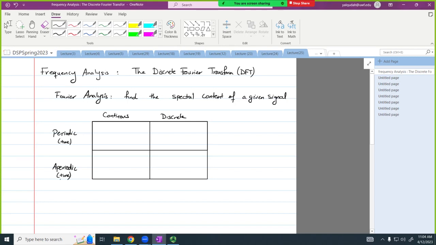If the signal is periodic and it is continuous in the time domain, what is the tool that we use to look at the spectrum of the signal? We use Fourier series. If the signal is continuous and aperiodic, what is the tool that we use to get the spectrum? Fourier transform. If the signal is periodic, but it is in the discrete time domain, we use the discrete Fourier series.